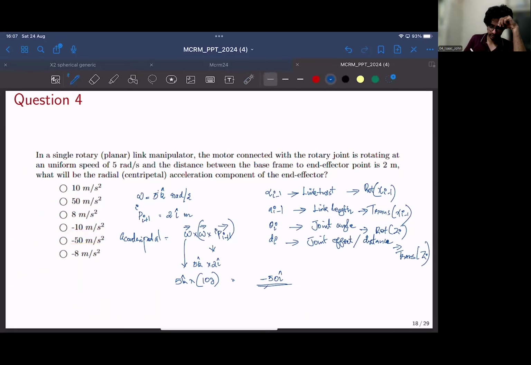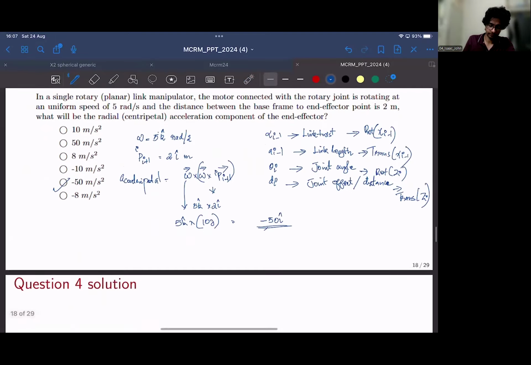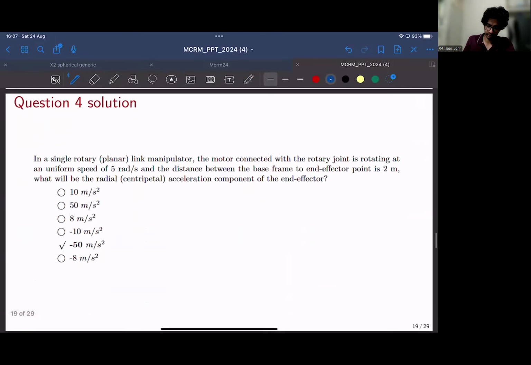So that makes this the correct answer, option E for question 4. Okay, so I hope that is clear. Checking the solution, it is indeed option E.